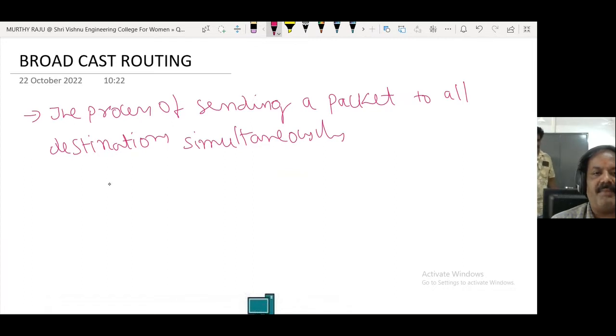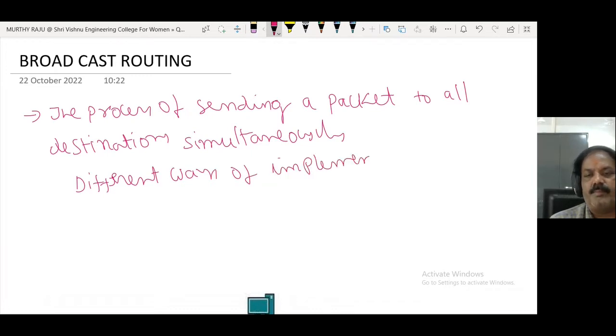Different ways of implementing broadcasting.